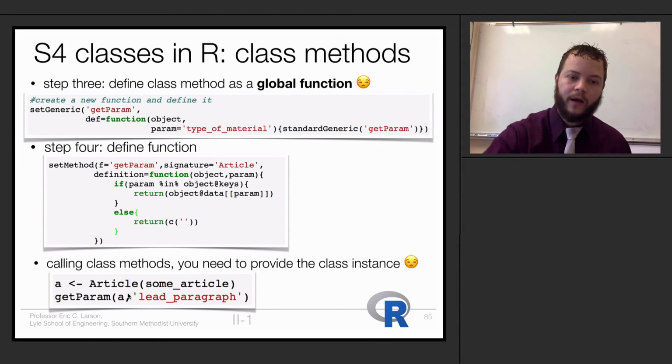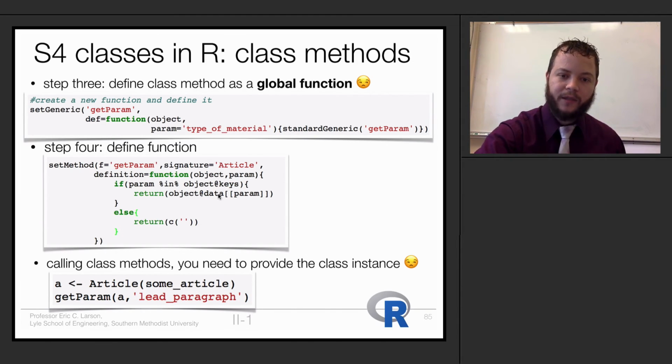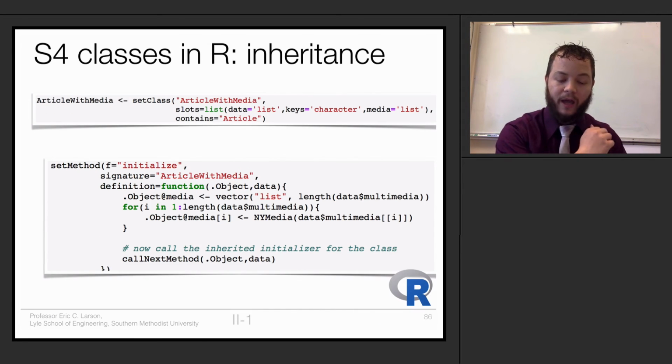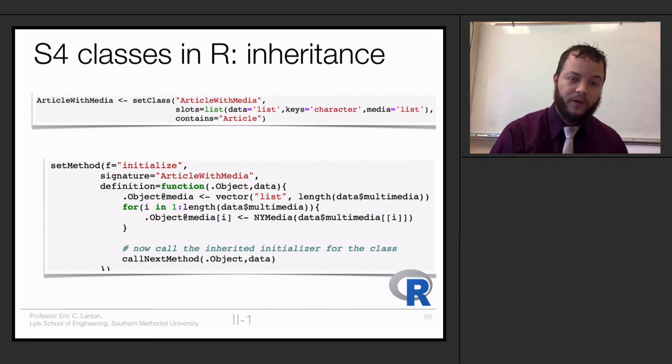So that would actually go in there and would access object at the data, the dictionary of data that I have, and it would grab the lead paragraph and return to me the string. And that would be the output of get param right here, right? So this is a really convoluted way of defining classes, but it does allow you to do object-oriented programming using S4 classes. It also allows you to do things like inheritance that we've seen before.